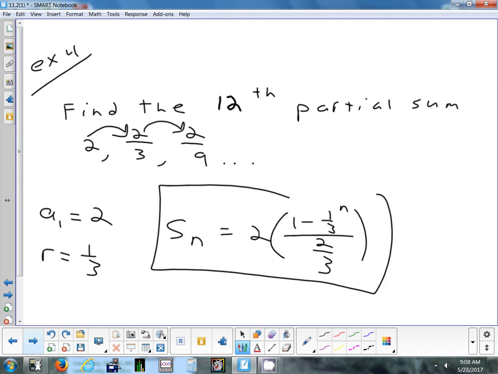So that's the formula to find the nth partial sum. So if specifically you want the 12th partial sum, you just have to plug in 12 for n and do it all out. Okay, just type it in on your calculator. Does anybody want me to type that in and do it out?